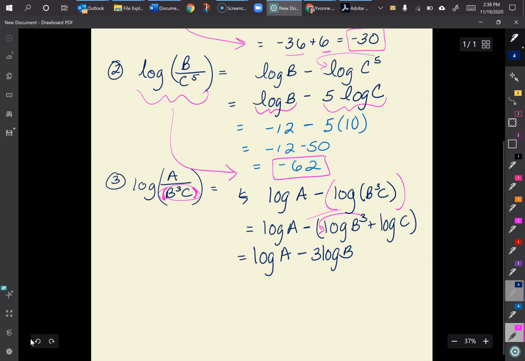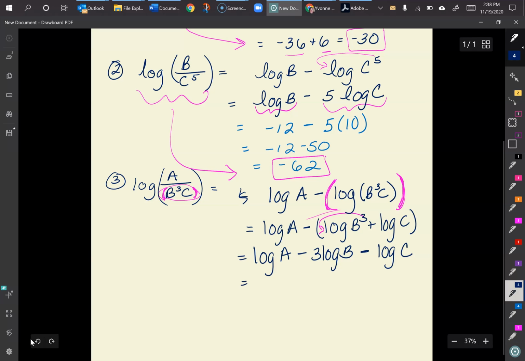So I'm going to have minus log C. So that's kind of the tricky part with these. But if you are careful when you write this first split apart for your quotient property, then you'll carry those parentheses down and you won't have the issue with the negative sign.